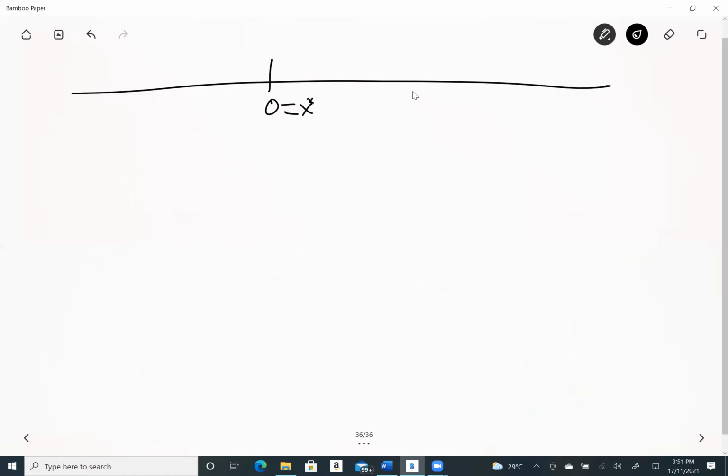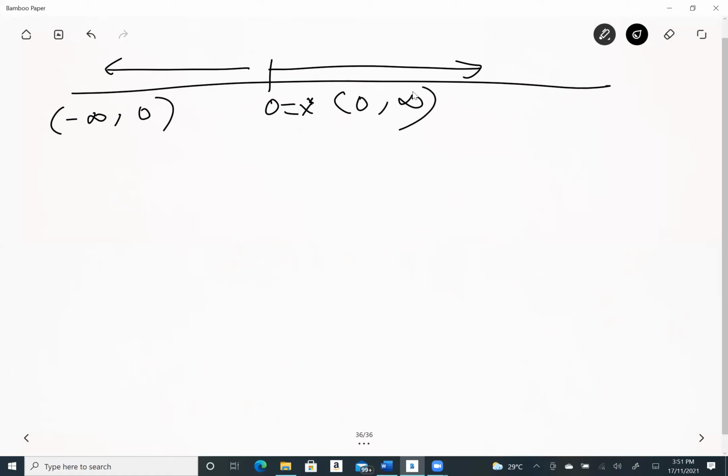I have two intervals: to the left is negative infinity to 0, to the right, 0 to infinity. We want to see how the y prime is behaving, and then you can conclude the behavior of y.